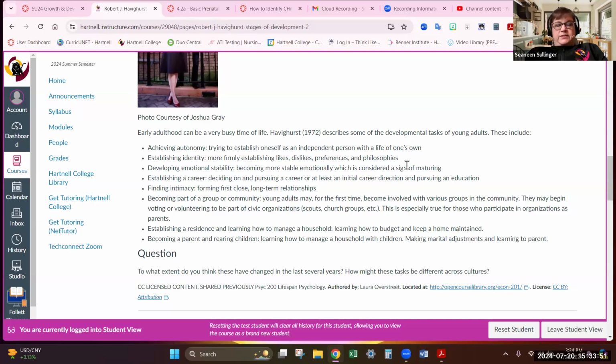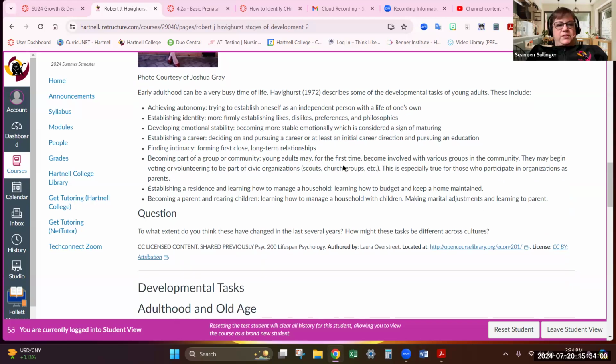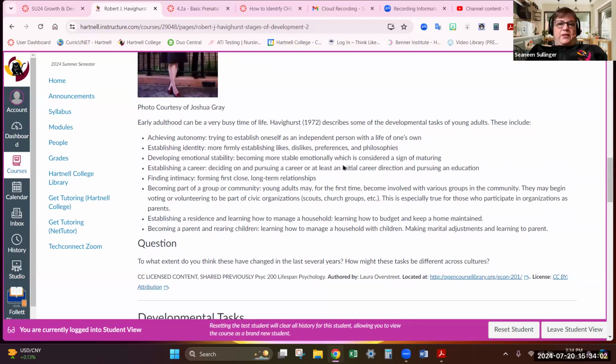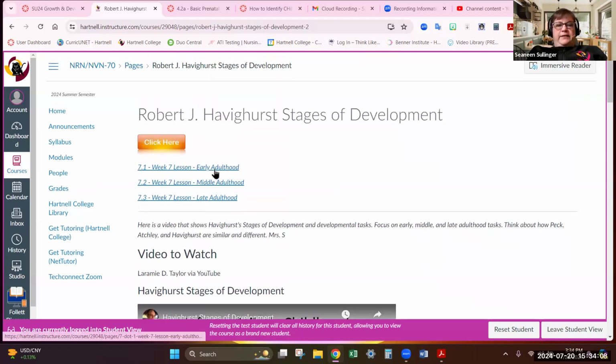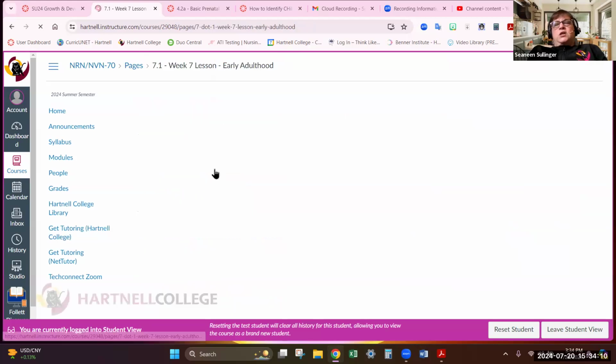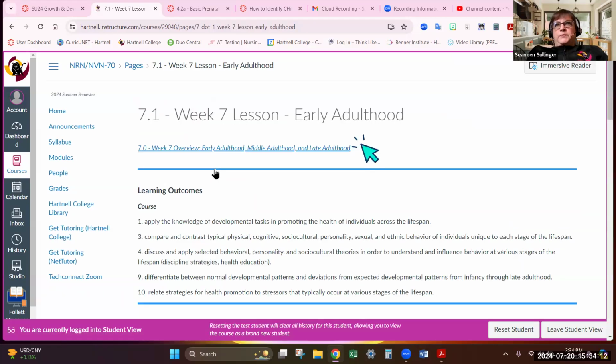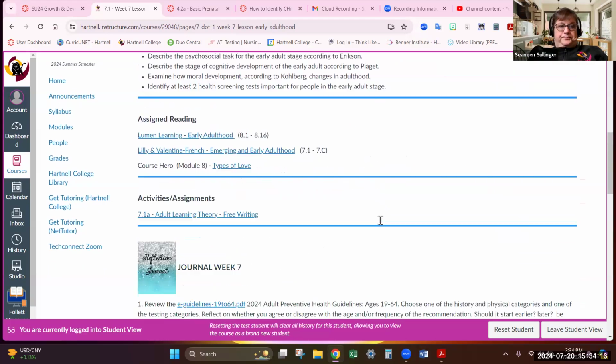And so a lot of it is through trial and error, or we do what our parents did, or we don't do what our parents did, depending on our situation. And so those are the developmental tasks that we are looking at for early adulthood. So you can see how they kind of go back to that lesson there. It kind of overlaps with adolescence and could also overlap with middle adulthood.